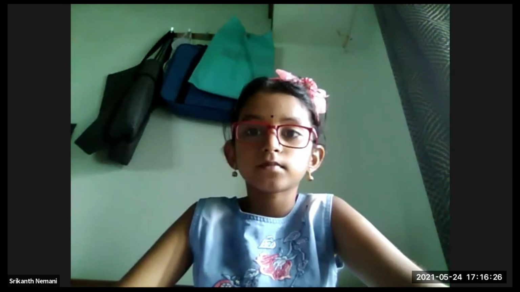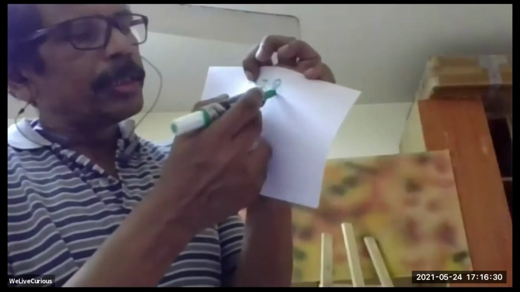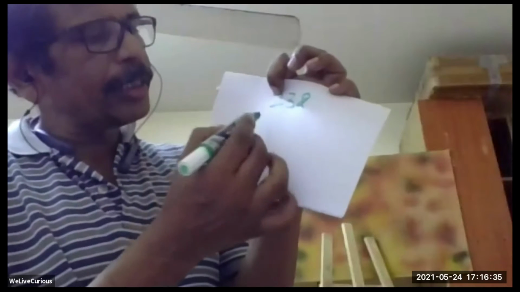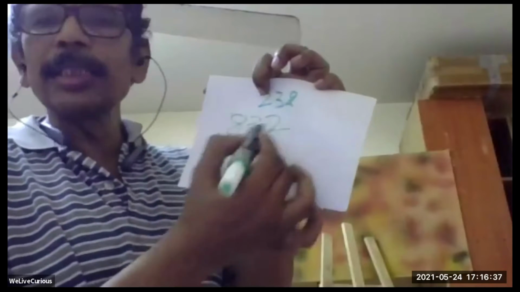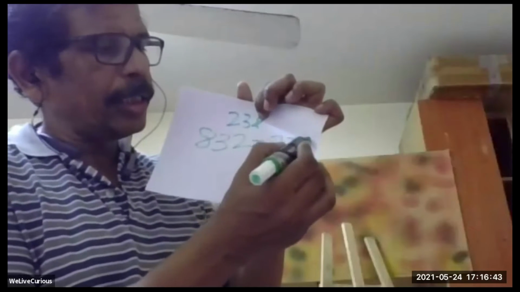You place the largest digit at the 100th place. 832 is the largest, right? Then deduct the smallest number that can be made, 238.